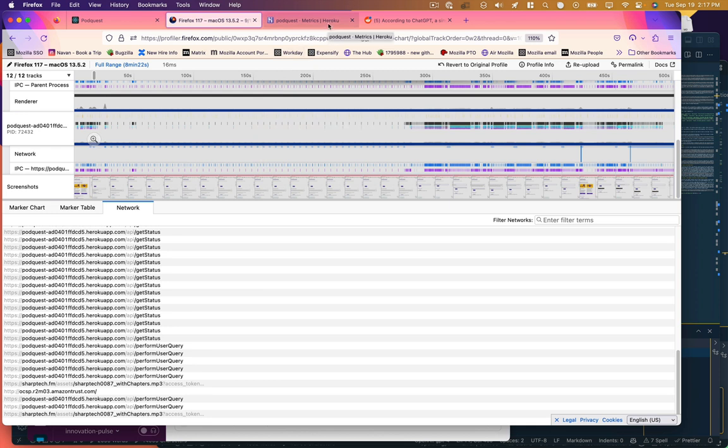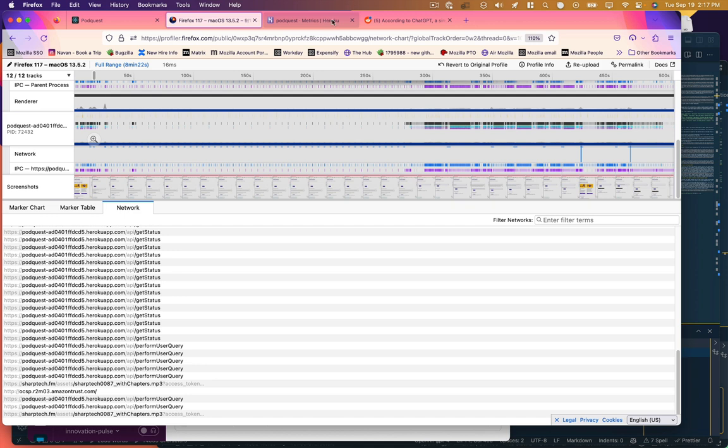If we wanted to understand everything, we would need to understand what's happening on our server. Heroku doesn't give us that option. I could run this locally and probably find a way to get the energy usage while using my local machine, maybe from the activity monitor, maybe from just running the Firefox Profiler while I navigate locally. But we would need some kind of measure there. Same thing with OpenAI.